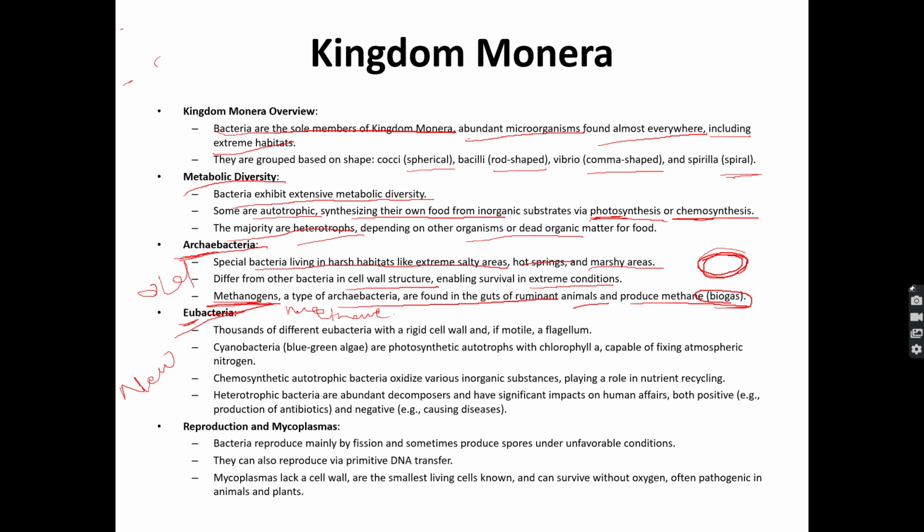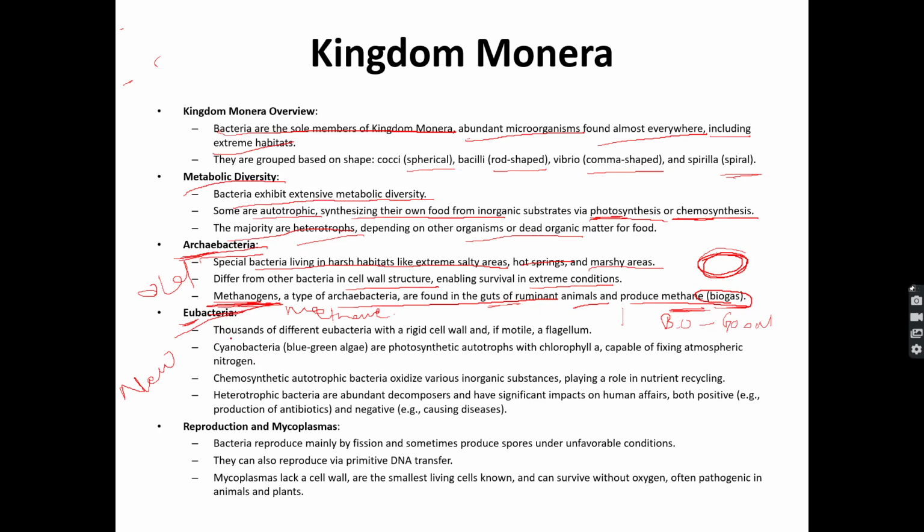One example of this is that we use cow dung, the dung of cattle, for biogas generation. You have heard of this gobar gas. It is because of this methane producing nature of the archaebacteria which are present in the guts of ruminants.